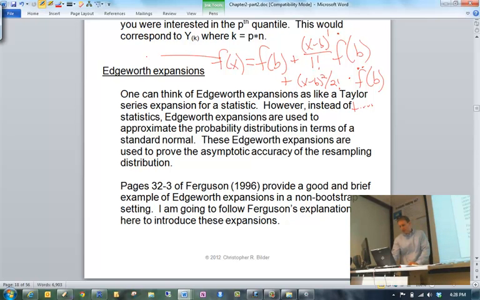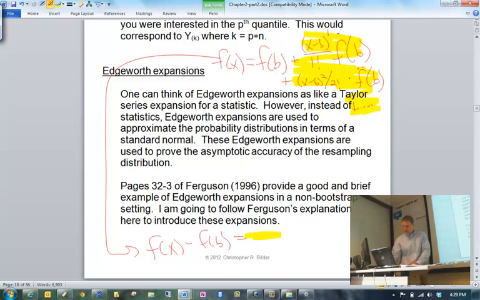Oftentimes you will see this too, where we actually write this as f of x minus f of b is equal to this, the yellow part. I sure hope all of you brought your colorful pens in class today to write notes.